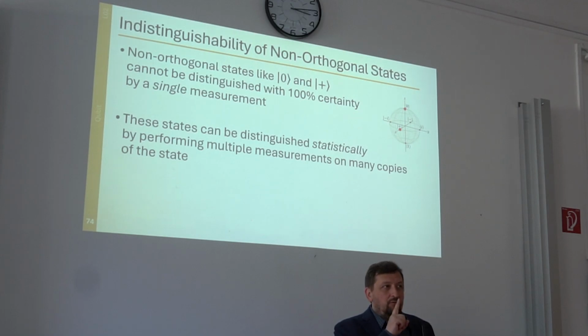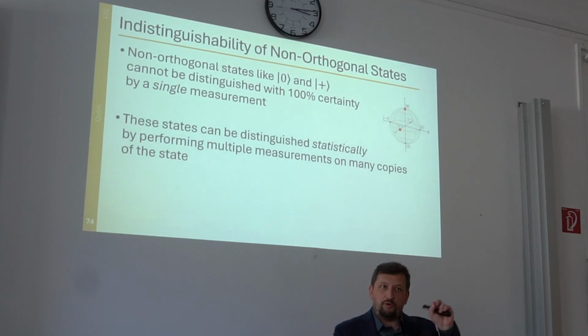You have just one qubit. You cannot determine with certainty whether it's 0 or plus. You can make some measurement and give me an answer which will be correct 75% of the time, but not 100%.